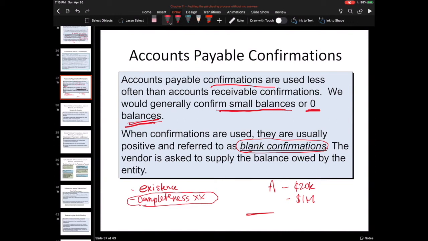And then the vendor is the one responsible for filling in that amount with either zero or the small balance or maybe $1 million or whatever the actual balance is. And they're positive, meaning we are asking for a response.